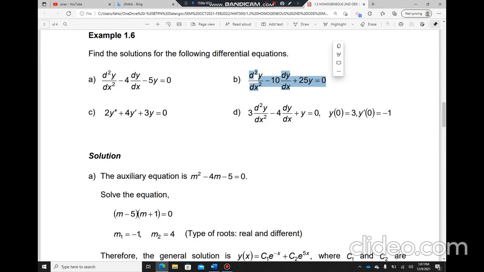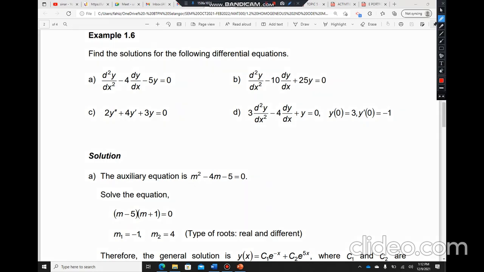Okay, so from this question, awak just tukar je lah m square minus 10m plus 25 equals to 0.